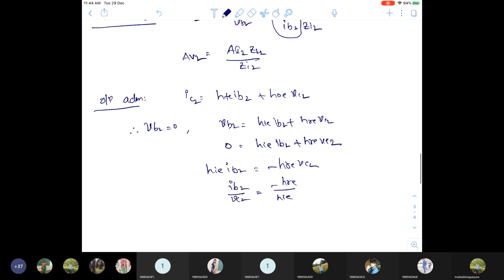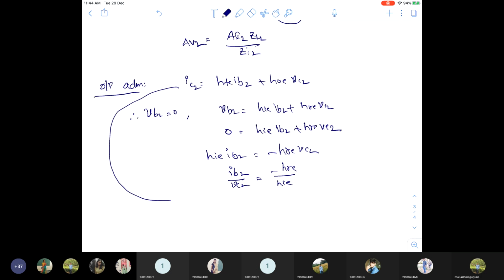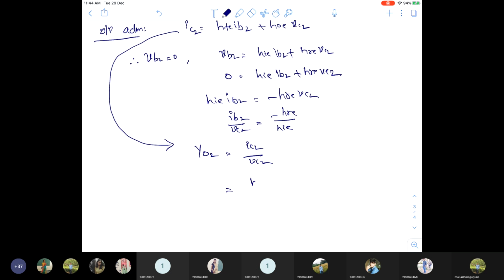This you can substitute. So Y02 equal to IC2 by VC2, where IC2 equal to HFE IB2 plus HOE VC2. You will separate and get HOE plus HFE into IB2 by VC2.